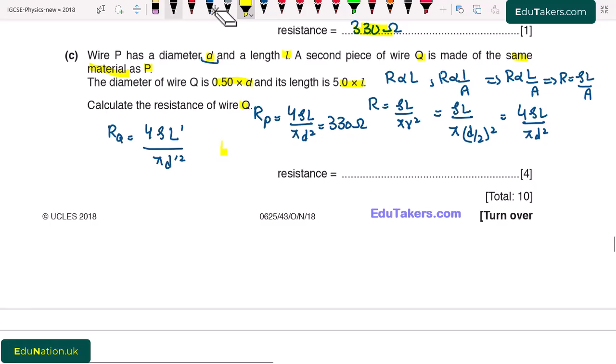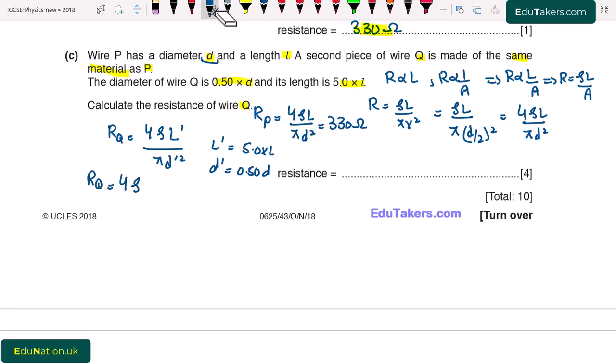The length of wire Q is L prime, given as 5.0 times L, and the diameter D prime is equal to 0.50 D.